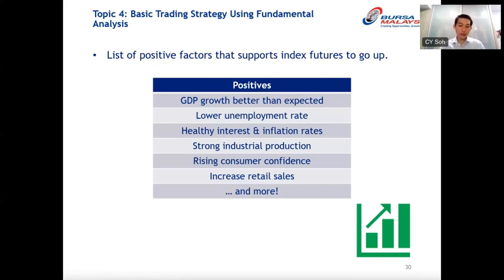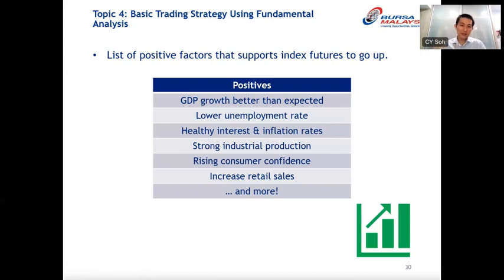When consumers are confident about the economy, they tend to spend more, which in fact stimulates economic growth. An increase in retail sales also indicates rising consumer confidence. When retail sales are rising, it indicates that consumers are generally spending more, so it's a positive sign for economic activity.